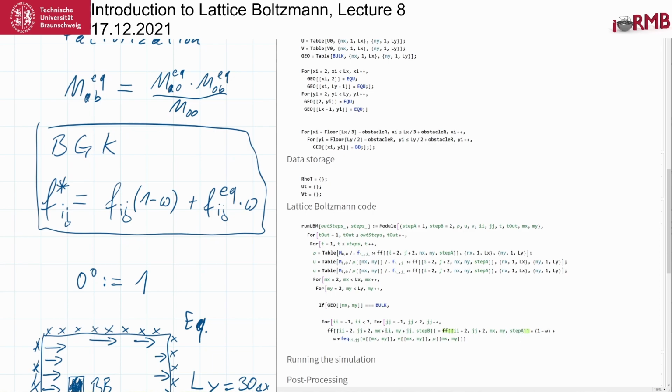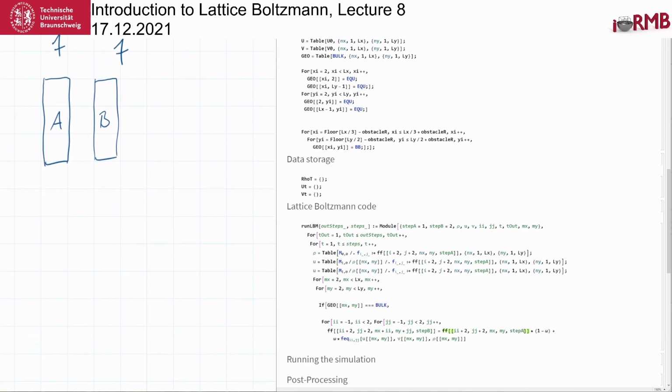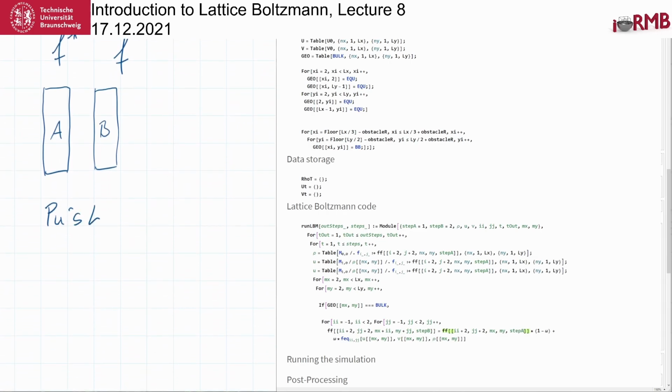So why do I add this mx? So that the new position is mx plus ii and my plus jj. What I'm doing, and now I have to go back to the slides here, is what we call push. We have to do the streaming and the collision, and what we do here is we combine streaming and collision.